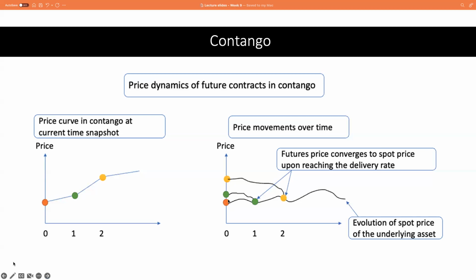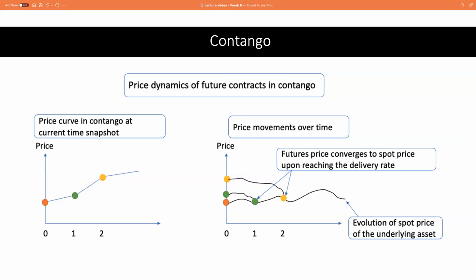This is above. However, as we move forward in time, for example, at 1 month later, the futures price for this futures contract will gradually converge to the spot price at the delivery date, right? They have to be equal to each other, which means they need to converge at the exact delivery date, because at that point, a futures contract with no maturity is just equal to the spot price of the underlying assets.